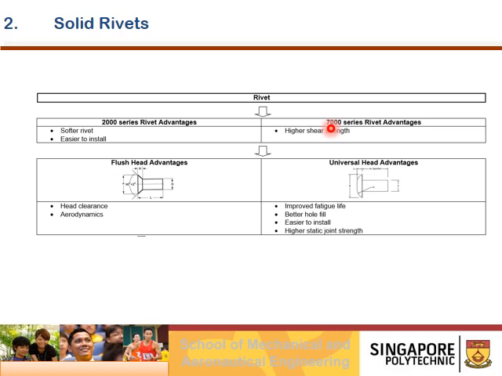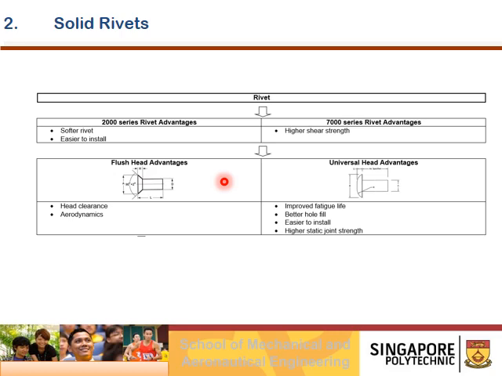And let's move down to the head types. We have flush and universal. All right, MS20426 is flush. The advantage of using a flush head is that it reduces or minimizes drag, where aerodynamics is a concern, or where head clearance is a concern.